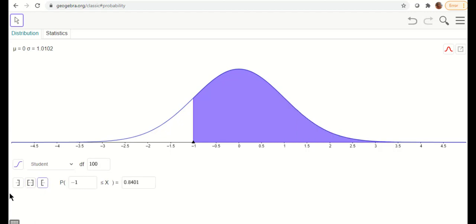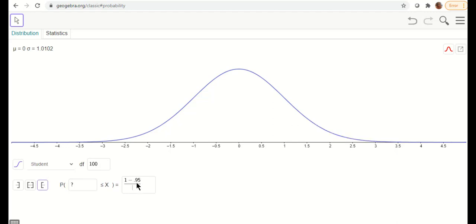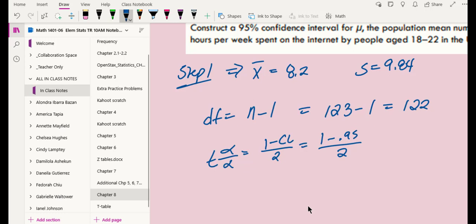Then we are going to select our greater than, and then you can enter the entire 1 minus 0.95, because we're talking about a 95% level of confidence, and then divide that by 2. And we end up with the exact number of 1.98397. And so that is the critical value that we need in order to move to our next step.